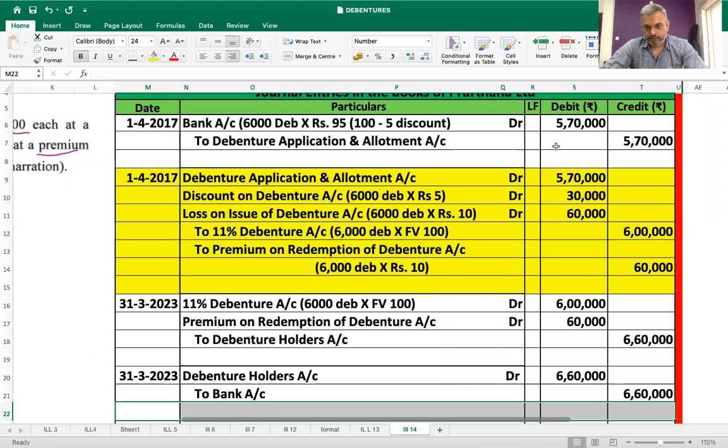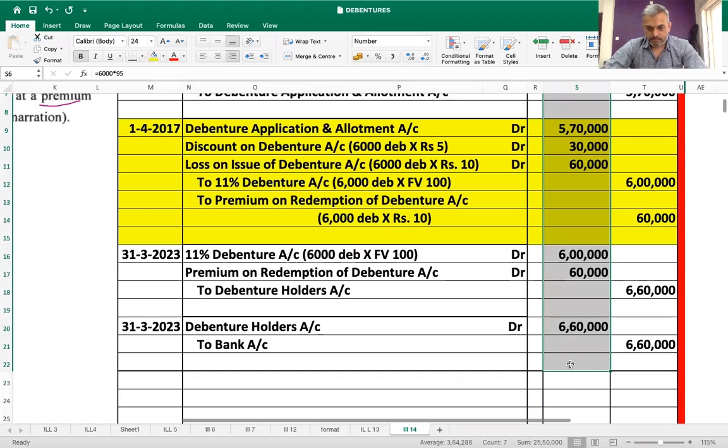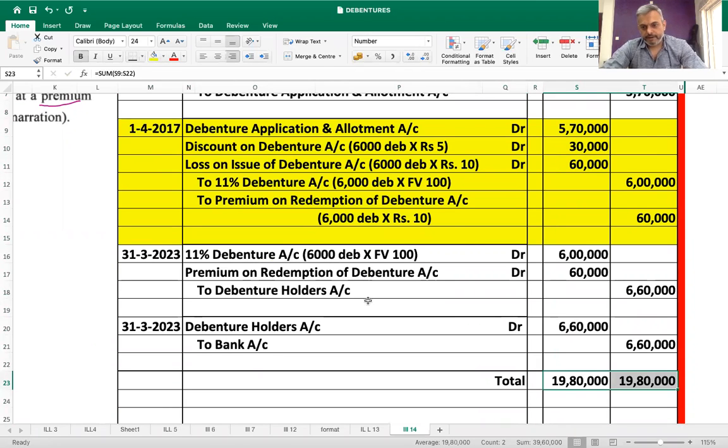Close it and do the total. Go through it and see if you have any doubts.